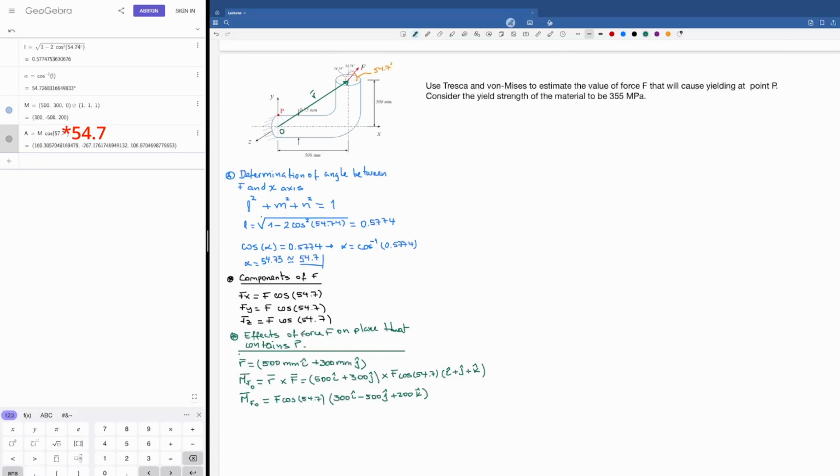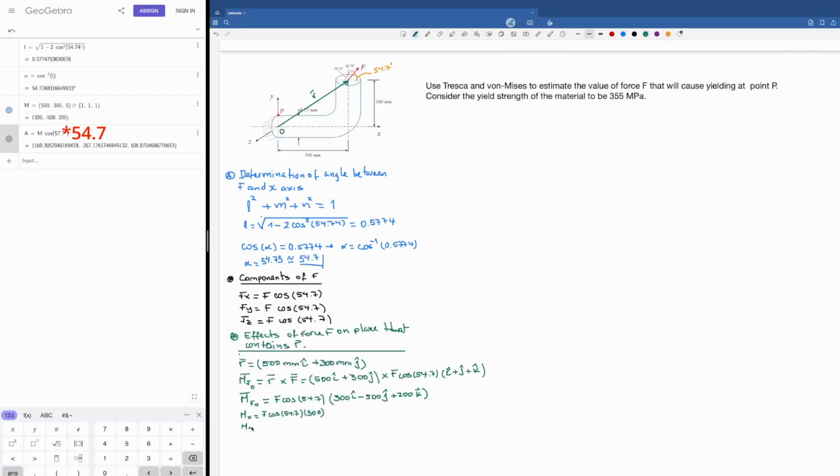Yes, so we have those three values. Actually, I could write down something here. I can write that Mx equals, how to write it? Let's just spend some time writing it, because this is going to help us to locate things. Mx is that magnitude times 300.